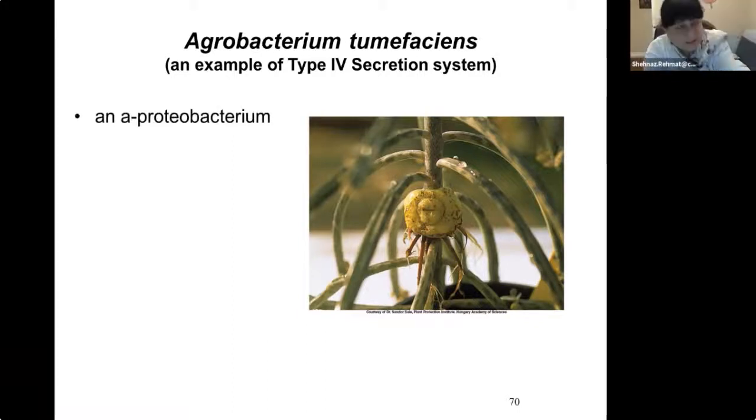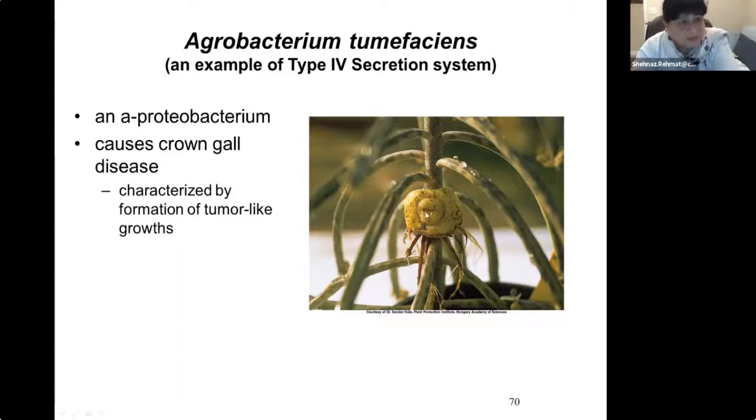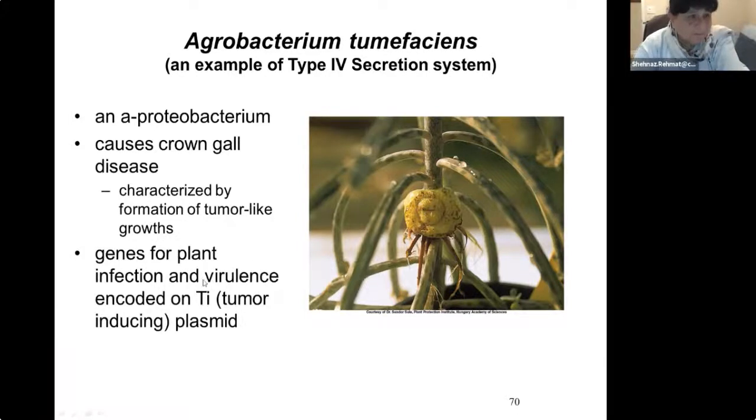This Agrobacterium tumefaciens is an alpha proteobacterium, and it causes crown gall disease in plants, right? So we're looking at the outgrowth due to the infection by the Agrobacterium. This is a tumor-like growth that will occur in the plant where the Agrobacterium has infected the plant.